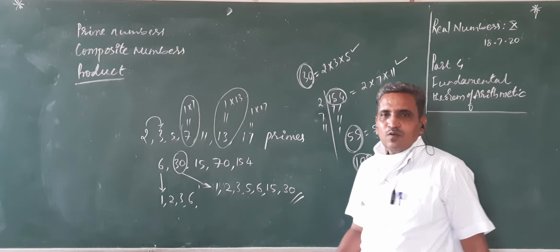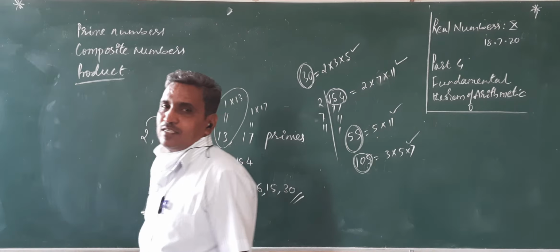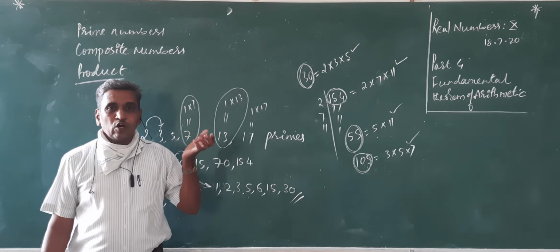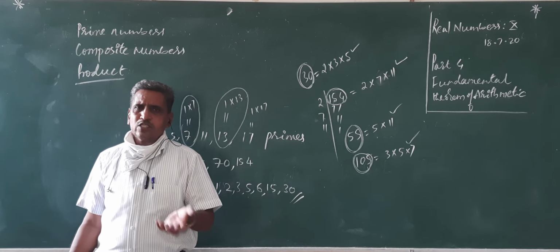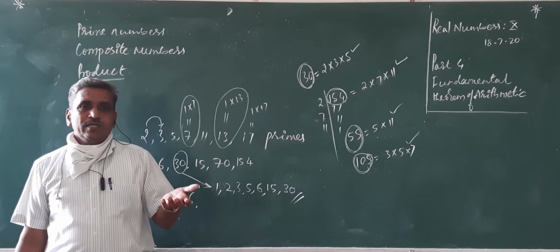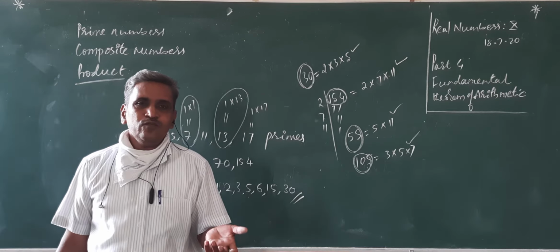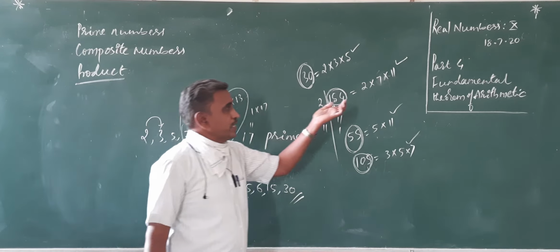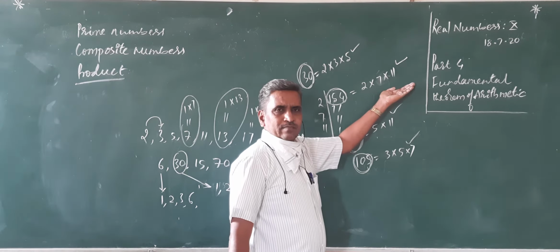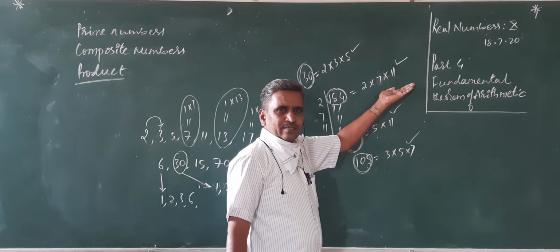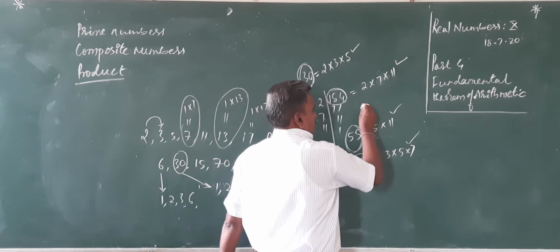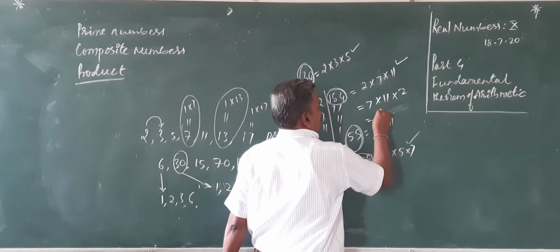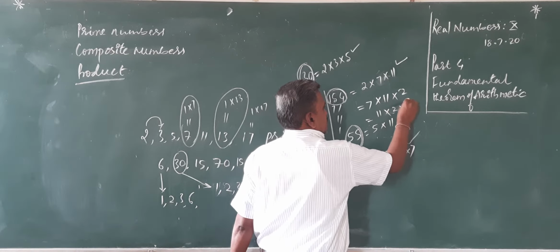This is said to be the fundamental theorem of arithmetic. Once again, every composite number, whichever composite number you give, can be expressed in the form of the product of its primes, and they are always unique. 2, 7, 11 are unique, and it can also be 7 into 11 into 2, or 11 into 2 into 7, that is also okay.